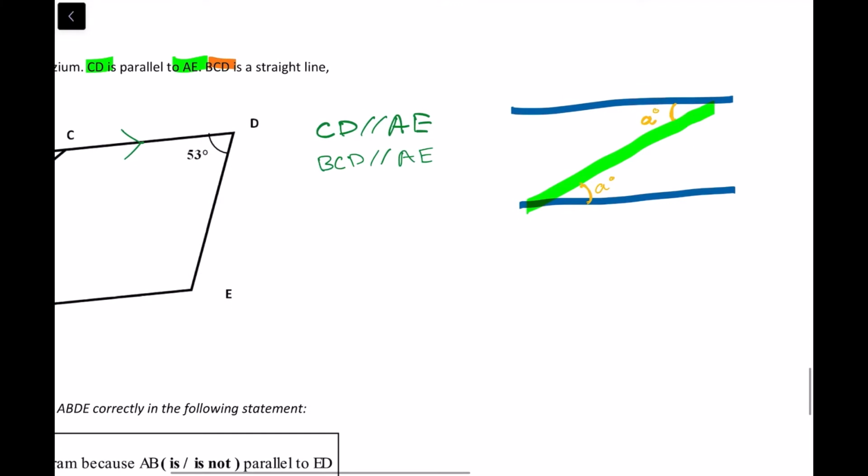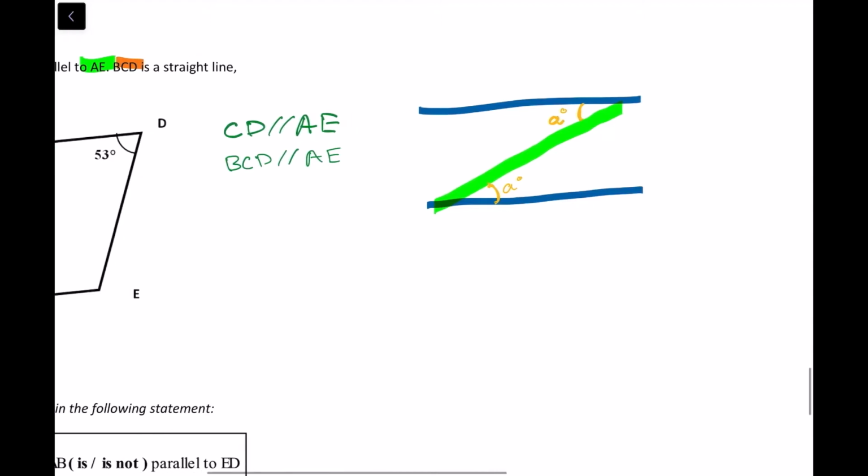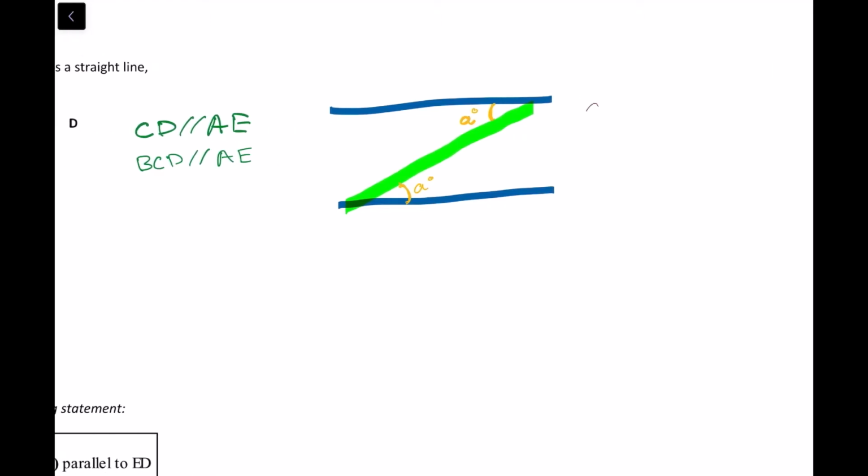You would have heard about this as the Z angle, and it's commonly known as the alternate angle theorem. I'll just write it down. Alternate angle theorem.